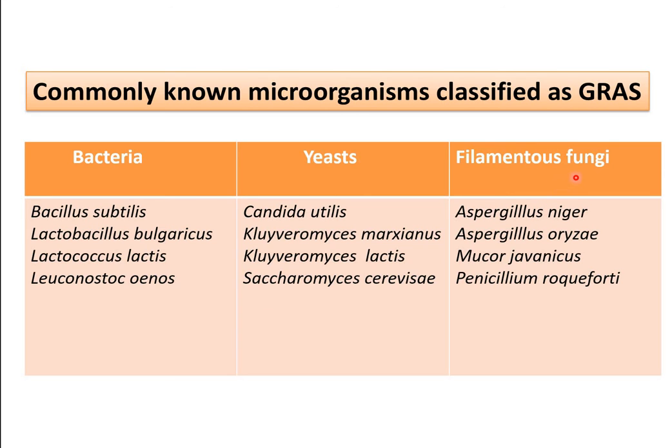Among the fungi, Aspergillus niger, Aspergillus oryzae, Mucor javanicus, and Penicillium roqueforti. These are the microorganisms which are normally classified as GRAS.